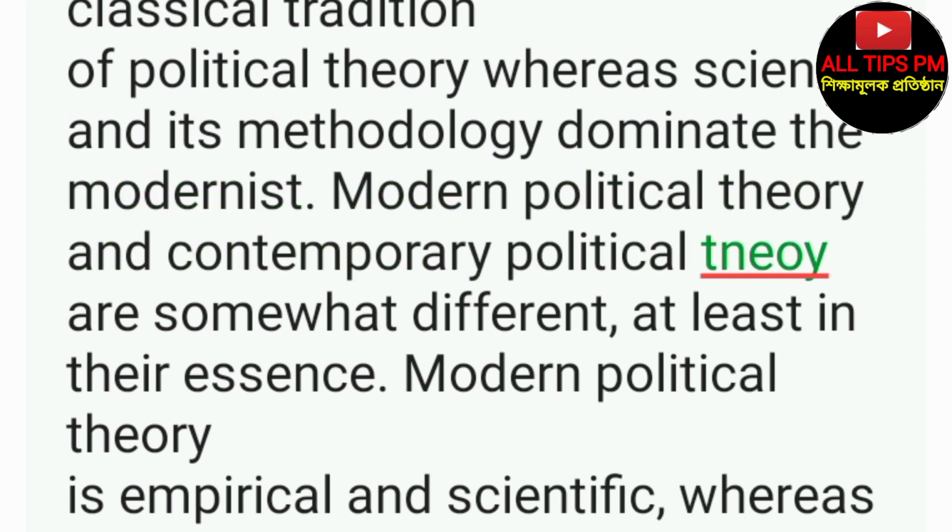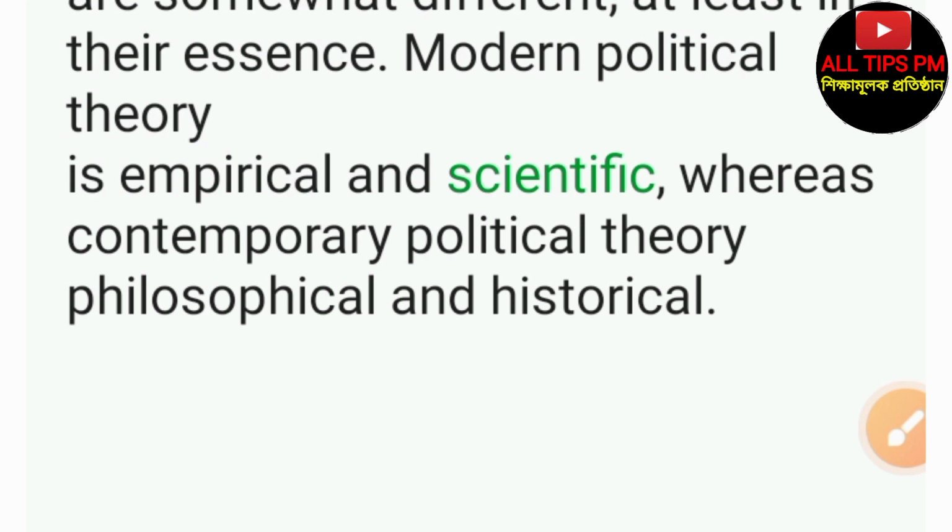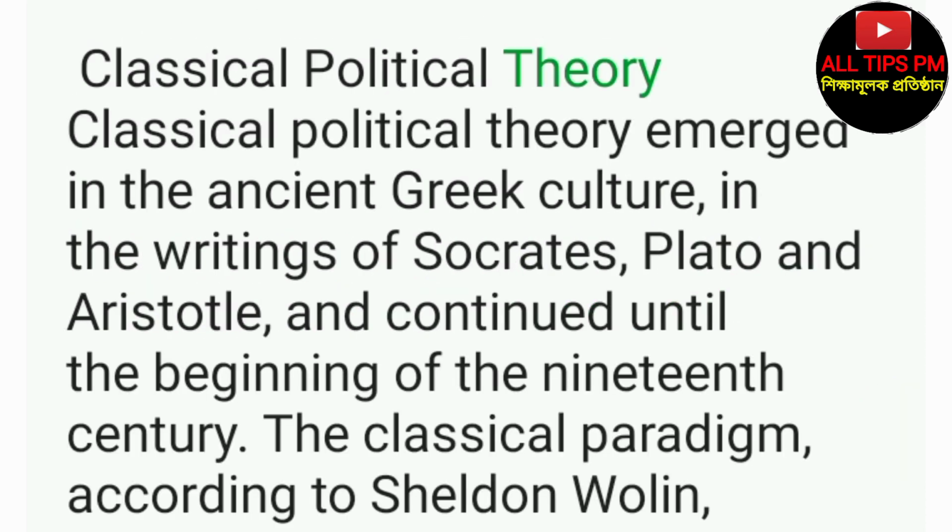Modern political theory and contemporary political theory are somewhat different, at least in their essence. Modern political theory is empirical and scientific, whereas contemporary political theory is philosophical and historical.